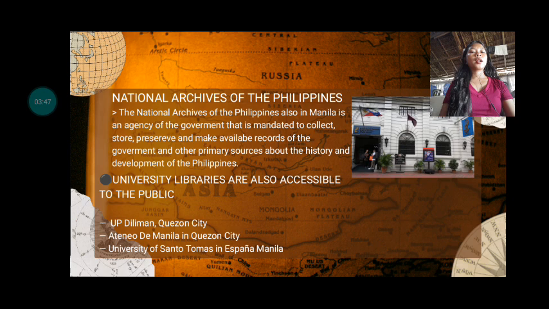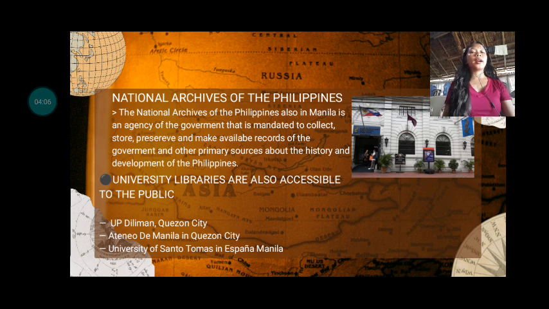Next is the National Archives of the Philippines. The National Archives of the Philippines, also in Manila, is an agency of the government that is mandated to collect, store, preserve, and make available records of the government and other primary sources about the history and development of the Philippines.